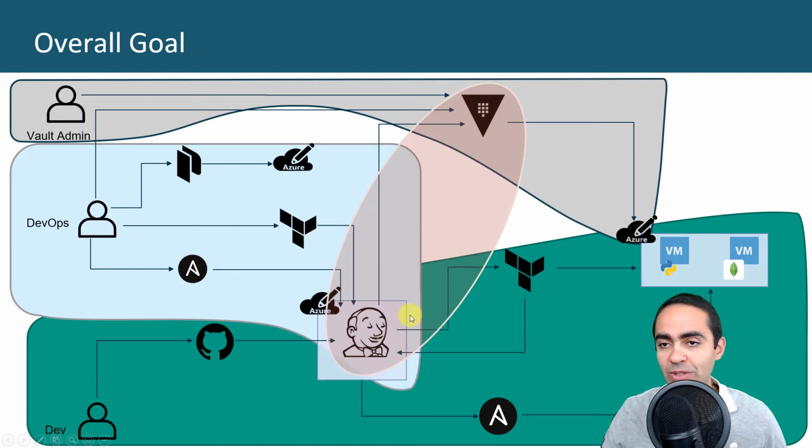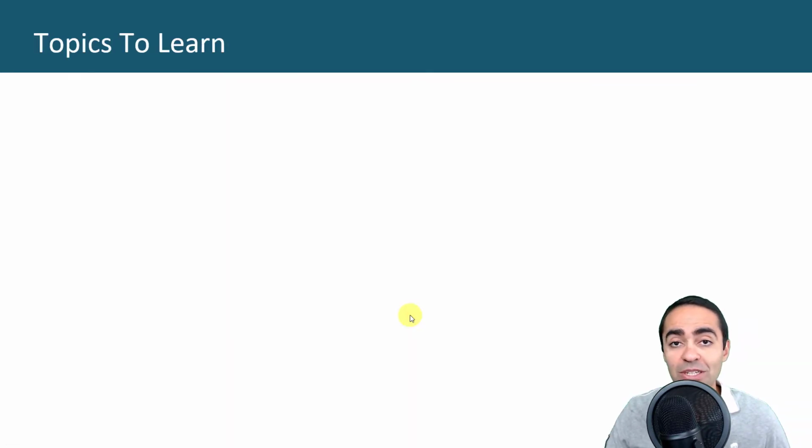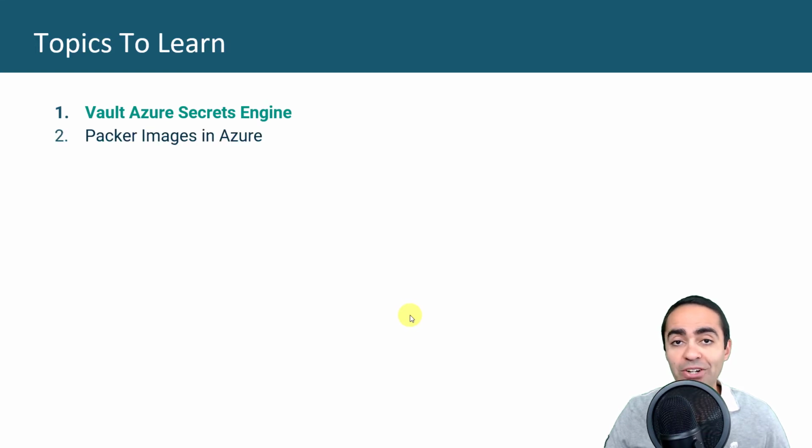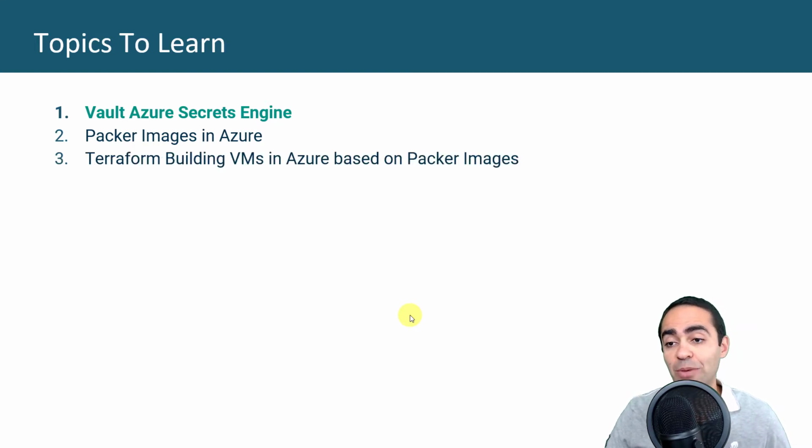All right, so let's get going and take a look at the topics that we'll learn throughout this series. The first one is the subject of today's video, Vault Azure Secrets Engine. We're going to learn about Packer, how to create Packer images inside of Azure, how to build a VM or VMs using Terraform, based on the Packer image that we just created in Azure.